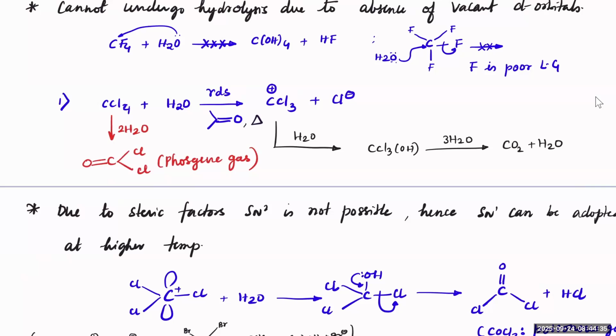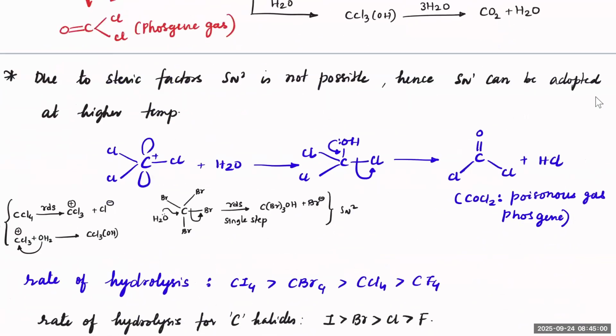But if you compress that gas and react with H2O further, I mean add it in moisture, eventually it will convert into carbon dioxide. So it will react the other chlorides also and convert into carbon dioxide. Which gas, if you compress and react with water? Phosgene gas. Phosgene is a very harmful gas.